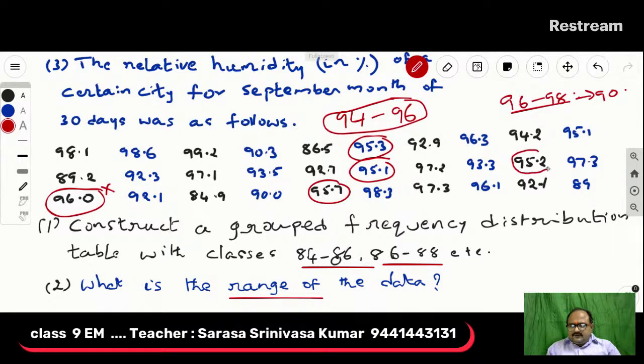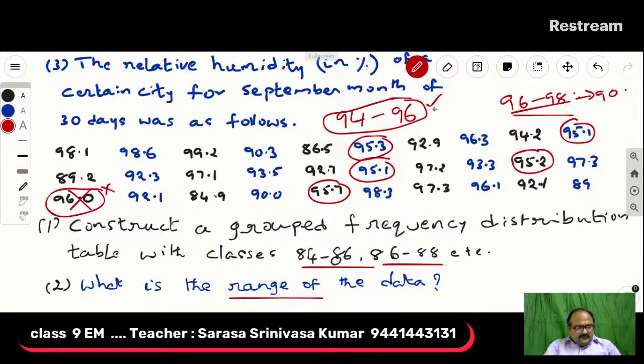This is another observation. This is another observation. So you remember, 96 should not be taken in this class interval. We should consider this 96 in the next class interval 96 to 98. So in the class interval 94 to 96, how many observations are there? 1, 2, 3, 4, 5.